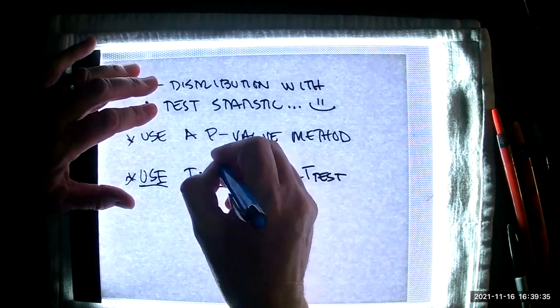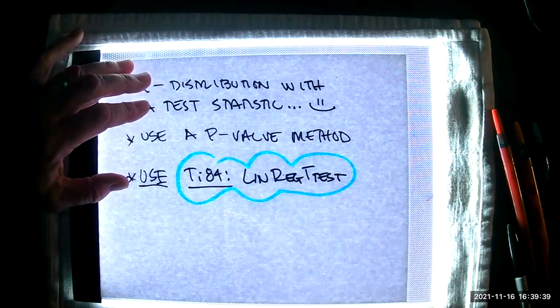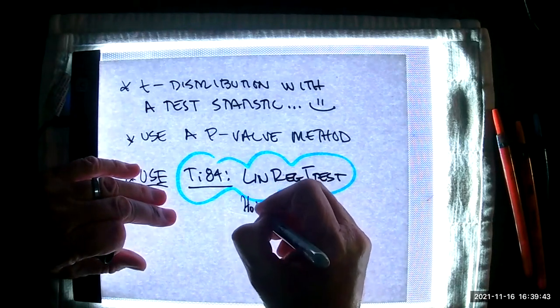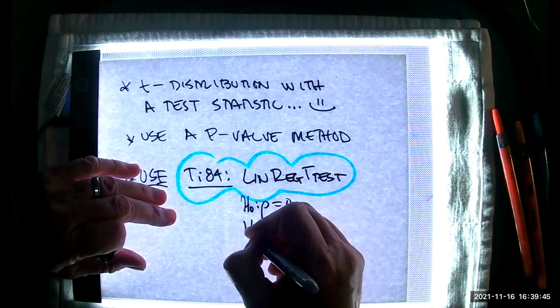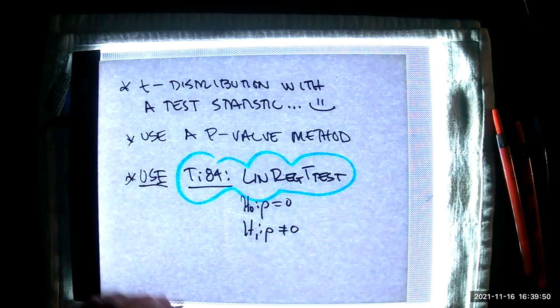So on the TI-84, this is how we're going to test the claim rho equals 0, rho not equal to 0.